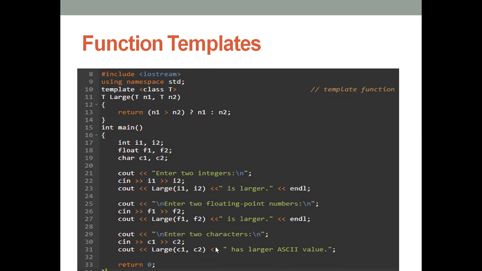In this manner, within a single piece of code, here this is large, with this template format, as per the requirement of integer, as per the requirement of float, as per the requirement of character, we are doing the same kind of job, but for different purposes.